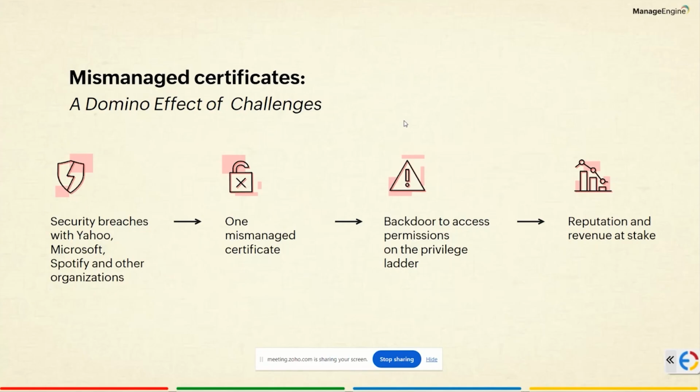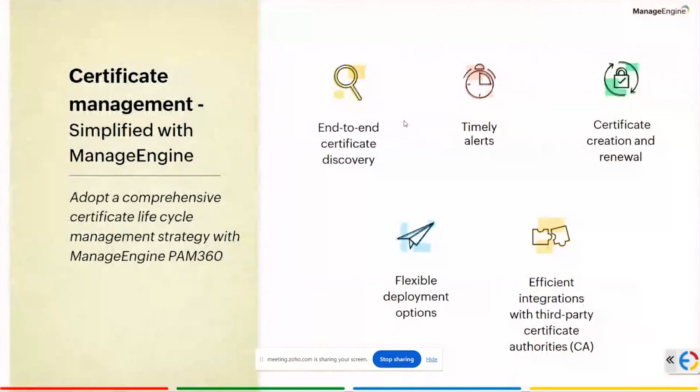So how can PAM 360 help you in managing or automating the complete lifecycle management? Some of the best practices of SSL certificate management, like centralized management, automated renewal, regular audits, and strong encryption, are the key features in PAM 360's certificate lifecycle management.